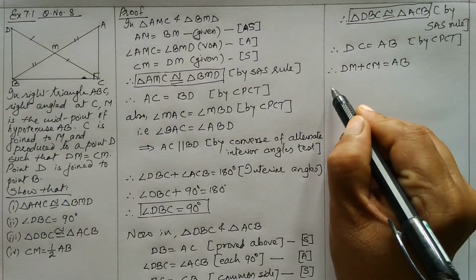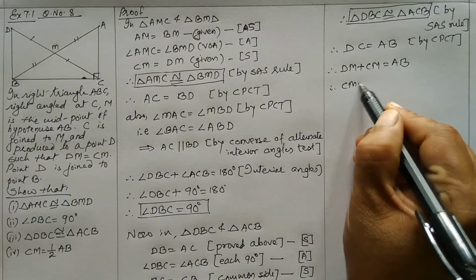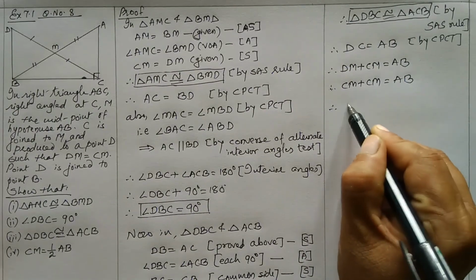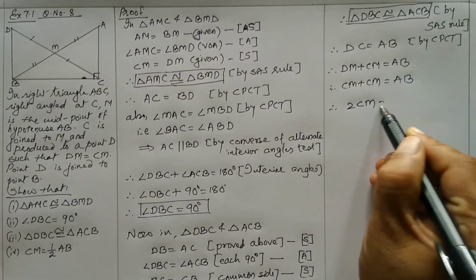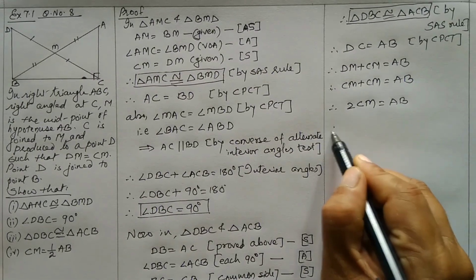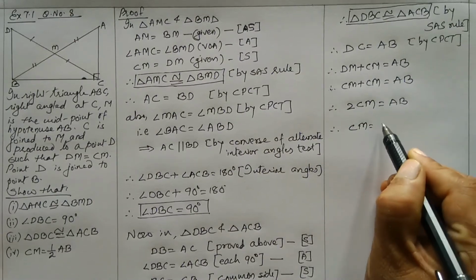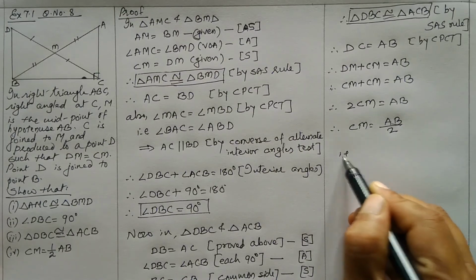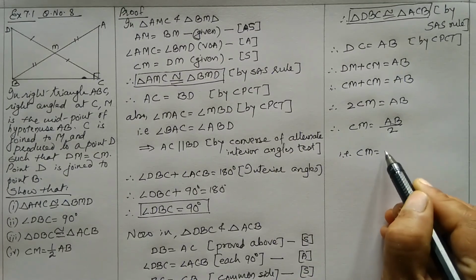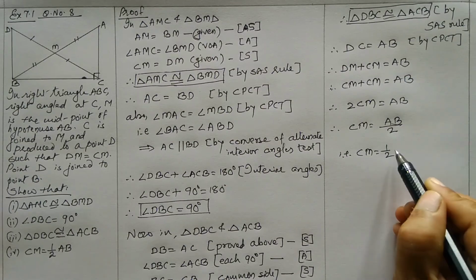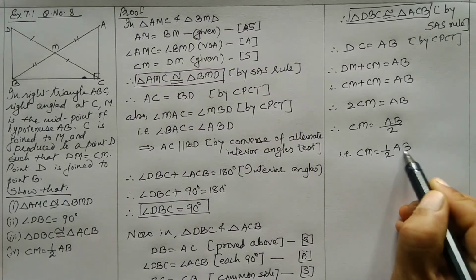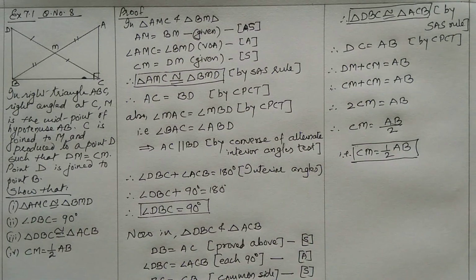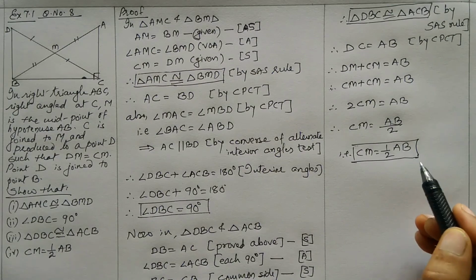So I will replace DM by CM. CM plus CM is equal to AB. So therefore 2 times CM is equal to AB. So CM is equal to AB by 2, that is, half multiplied by AB. So we have proved these four different things. Hope you have understood this question number 8.